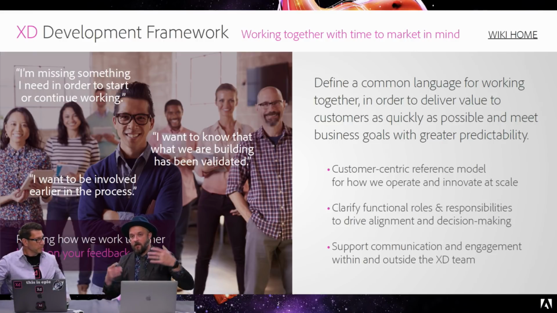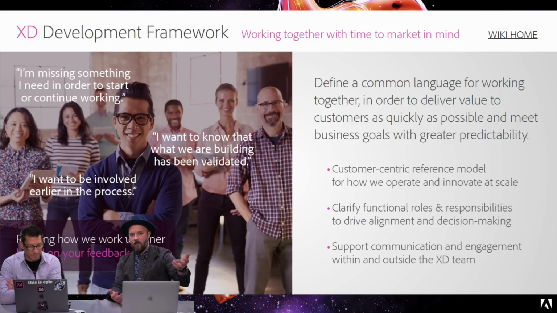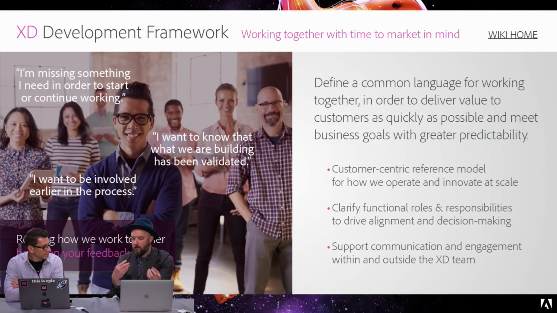Because at the end of the day, this is the experience that everyone out there using Adobe XD is going to be seeing. And if those teams aren't talking to one another and lining up their efforts, those features will feel like they don't belong together. We take a lot of pride in XD of being very seamless, very contextual, very performant. The puzzle pieces fit together.